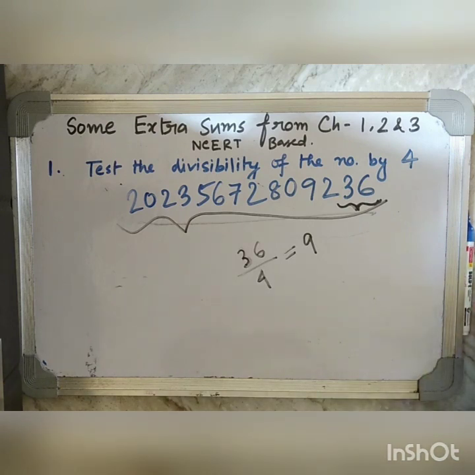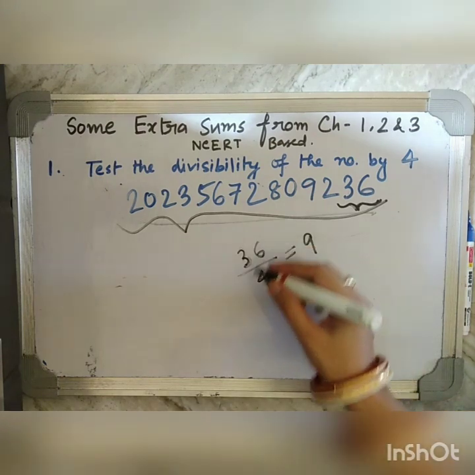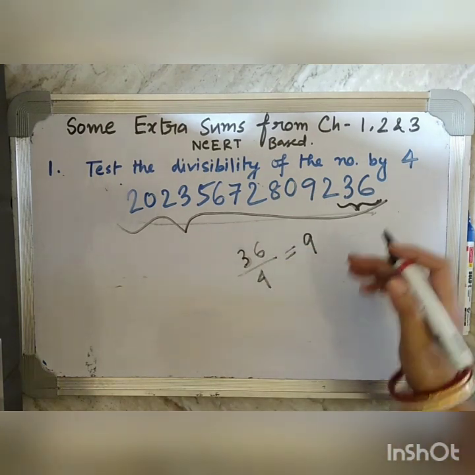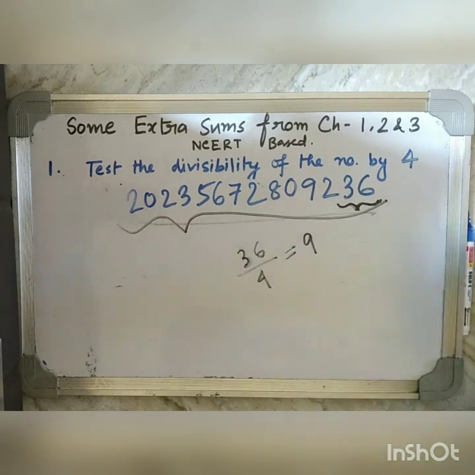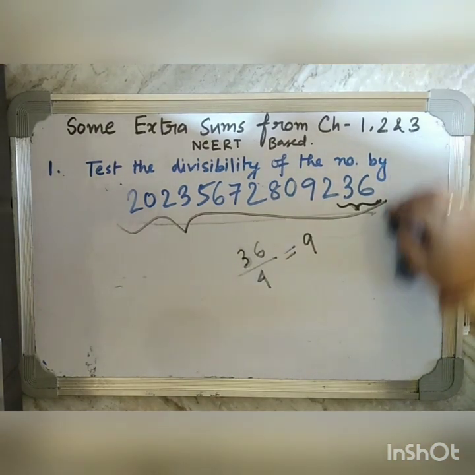But if the last two digits are not divisible by 4, means they leave a remainder after dividing by 4, then we can say that the given number is not divisible by 4. Very easy.